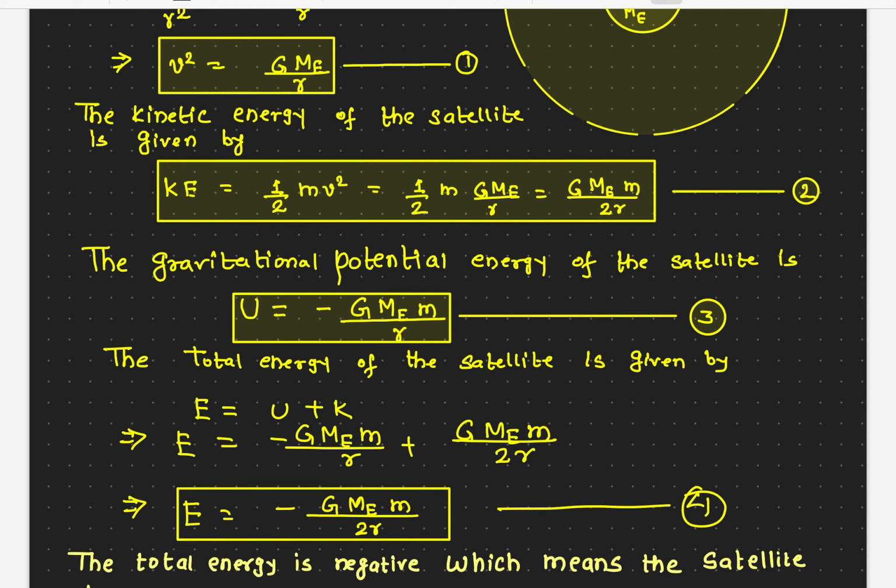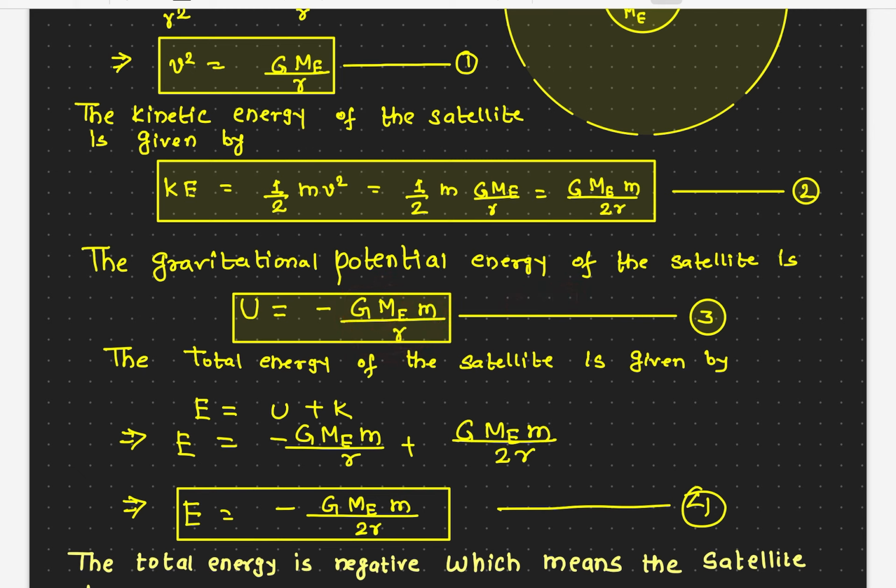I suggest you write down these important points here. Now, if you look at the potential energy, at what point will you have the maximum potential energy? The maximum potential energy will be at infinity, because at infinity you will have this number as zero.